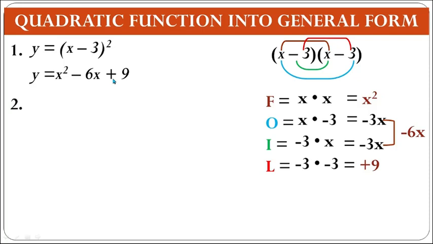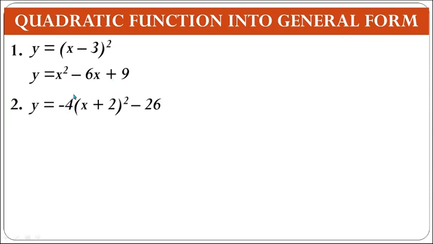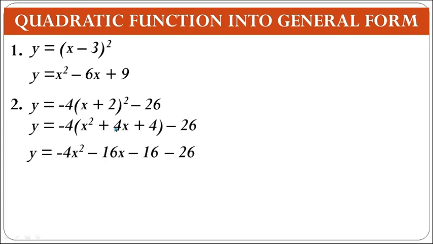Another example. What we will do first is get the square of this binomial. The square of x plus 2 is x squared plus 4x plus 4. Next, multiply the monomial, negative 4, to the trinomial. When you multiply, negative 4 times x squared is negative 4x squared.